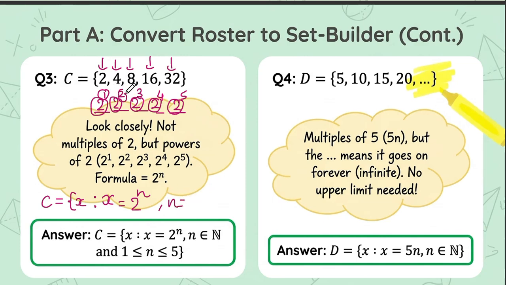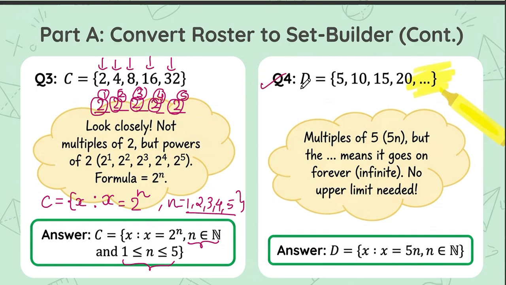N is 1, 2, 3, 4 and 5. So here we have to write down 1, 2, 3, 4, 5. Done. Okay. Otherwise, if you don't want to write down like this, then write down n belongs to natural number, but not all the natural number. We want only the natural number which is starting from 1 to 5.